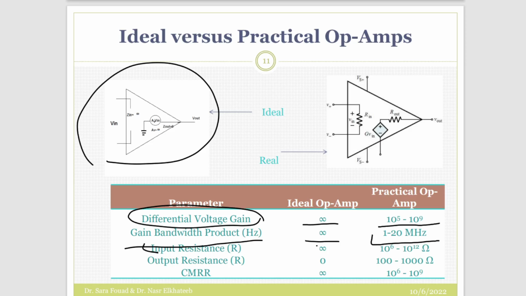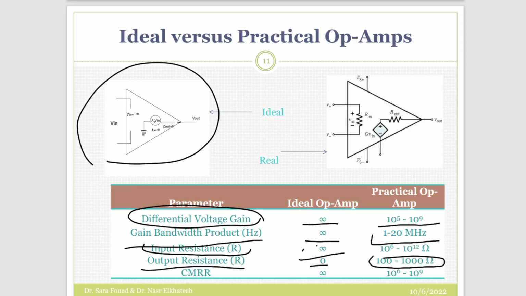The input resistance, or the input impedance, in the ideal operational amplifier is infinite, but in the practical operational amplifier it varies from 10 power 6 to 10 power 12 ohms. The output resistance is zero in the ideal operational amplifier, but in the practical operational amplifier it varies from 100 to 1000 ohms.